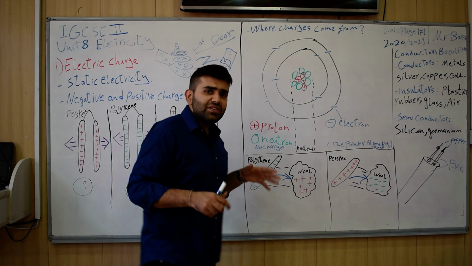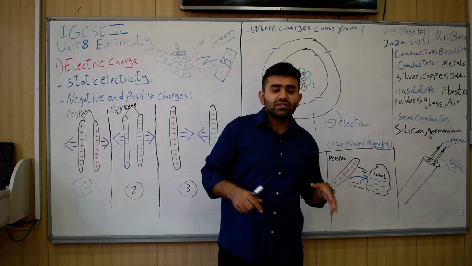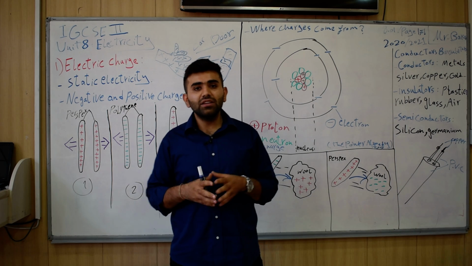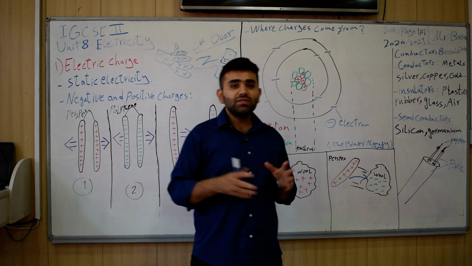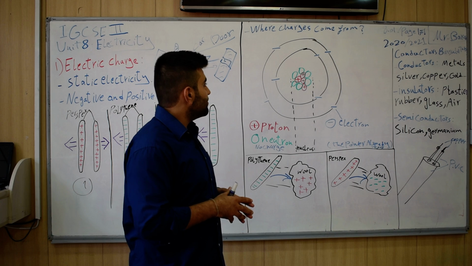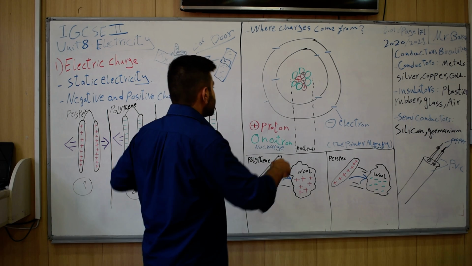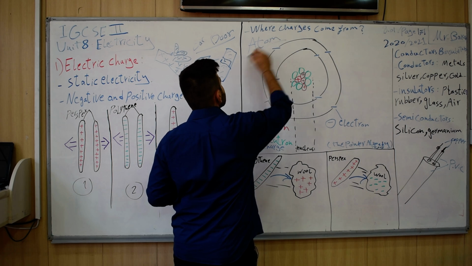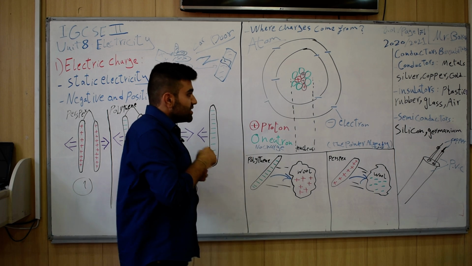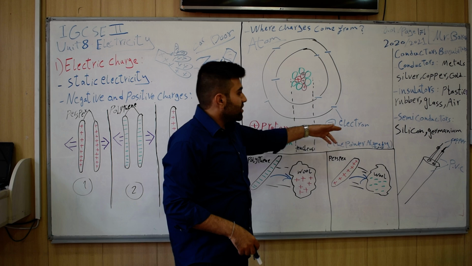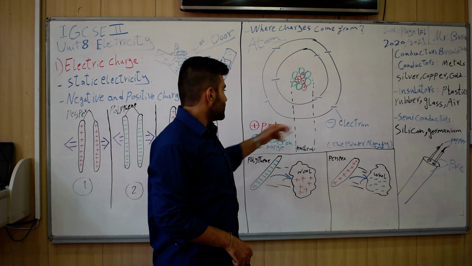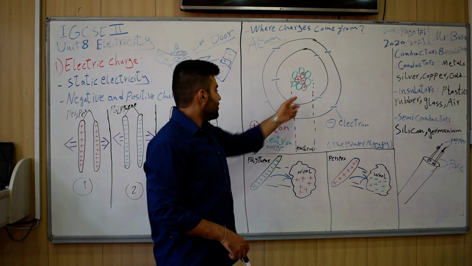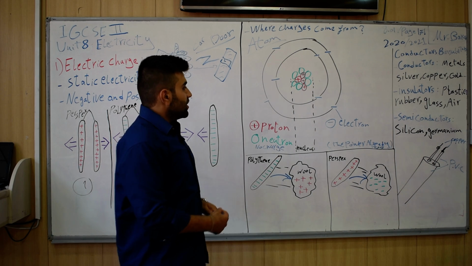Everything in our life is made from very tiny particles, and these particles are atoms. For example, as you can see in this figure, the atom has electrons, and you have the nucleus, and the nucleus has protons and neutrons.